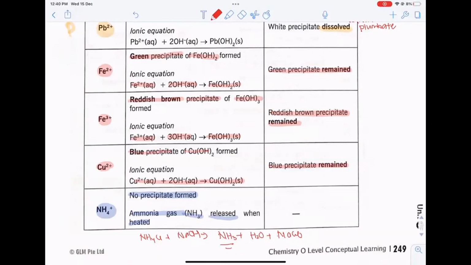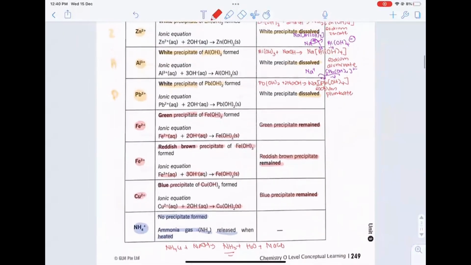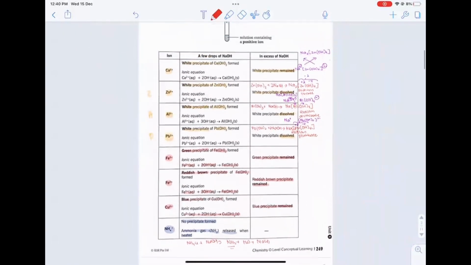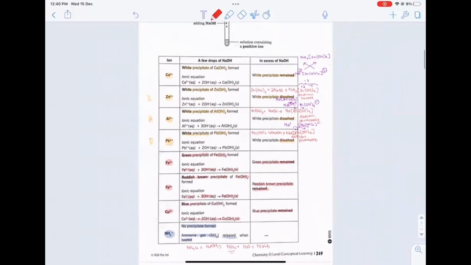Okay, so over here for the first table, I would say that in general, it's still rather easy to remember. You remember them by the colors, which are those with colors, and then you remember the NH4+ does not have any precipitate. Then the rest would be white. This is for a few drops of sodium hydroxide.